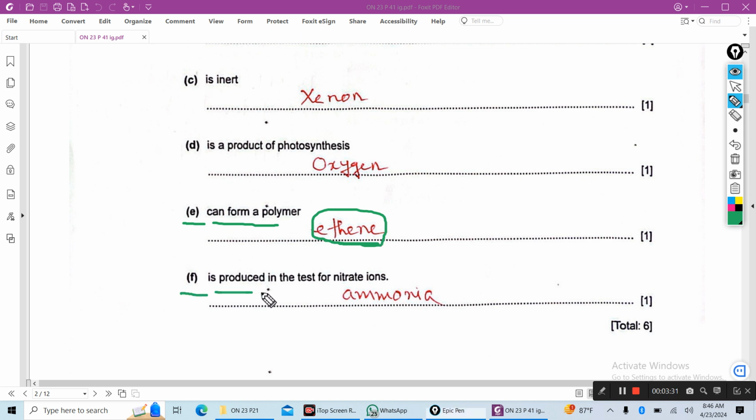F is produced in the test tube for nitrate ion.